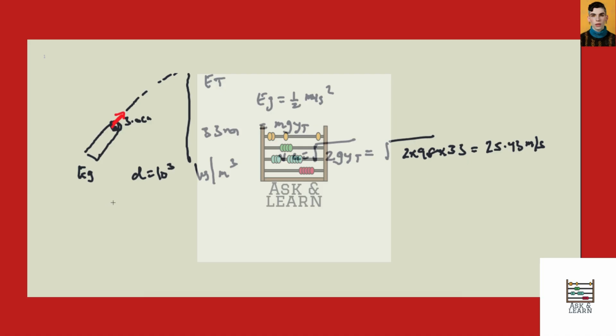Now the area of the water stream times the velocity actually gives the volume flow rate.